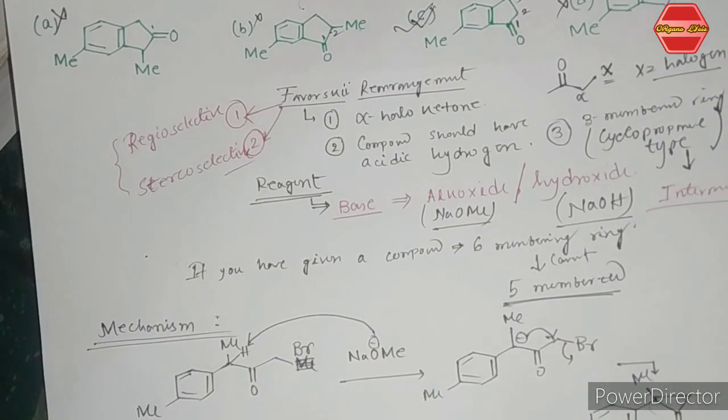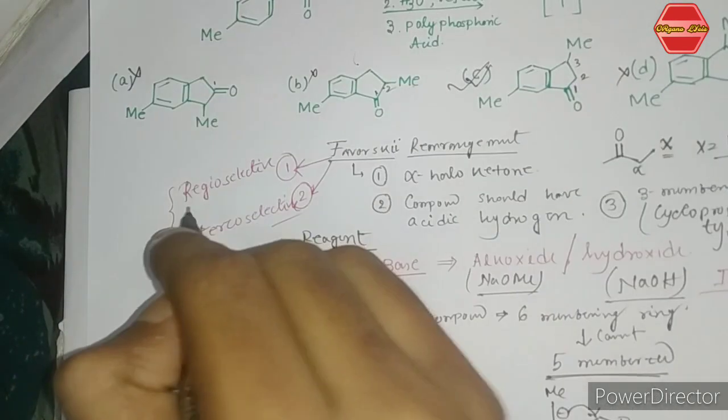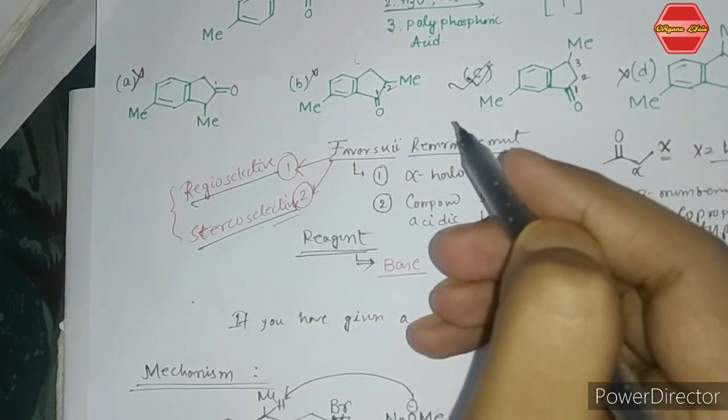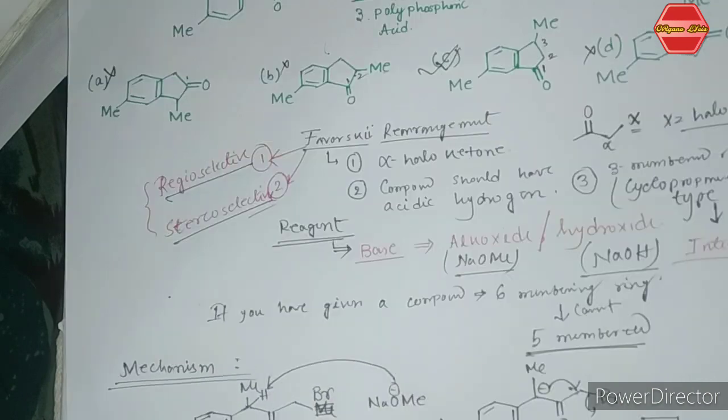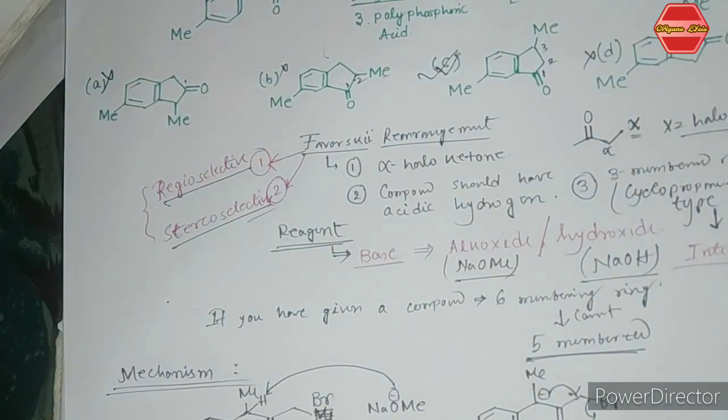Now I already mentioned that this is a regioselective and stereoselective process. For this question we have done the regioselective part, and there is also the stereoselective part. I am writing this here, and how the stereoselectivity occurs during this reaction.